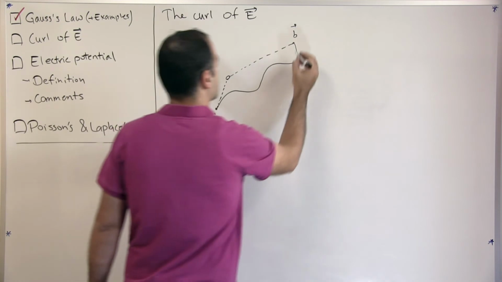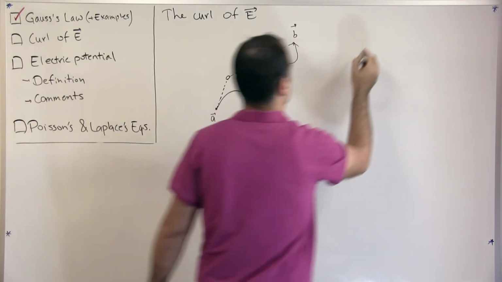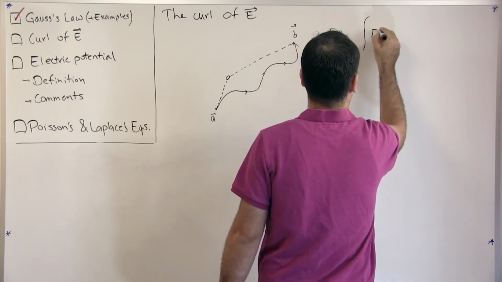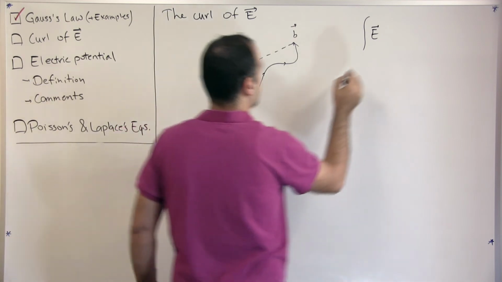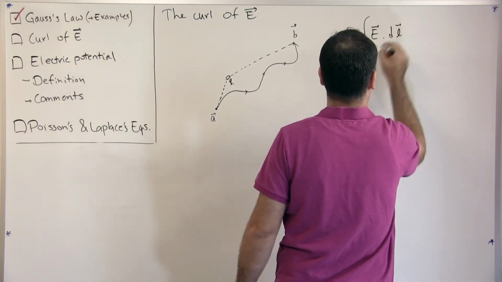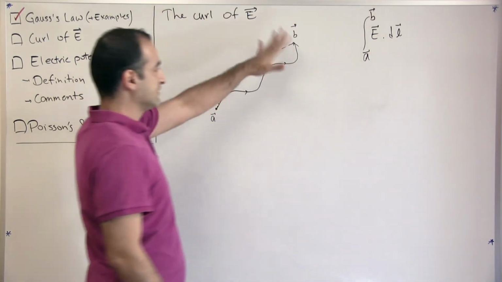We go along this path, and I want to calculate the integral of the electric field from this point charge Q, E dot dl, all the way from A to B, going around this random path.